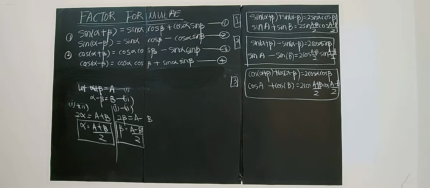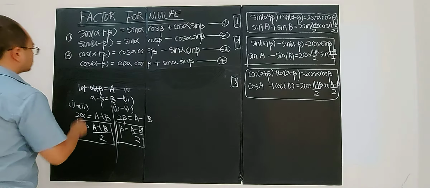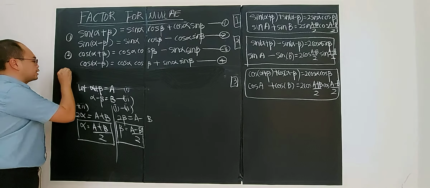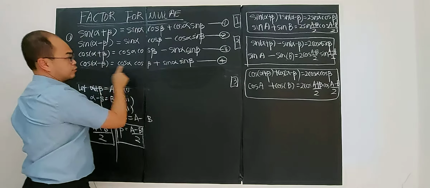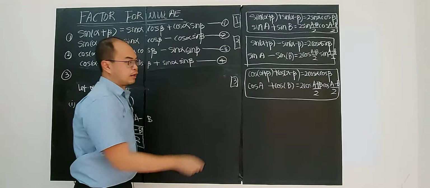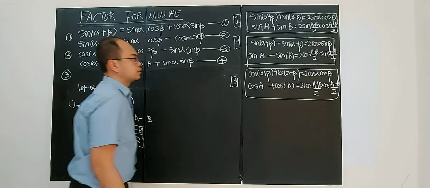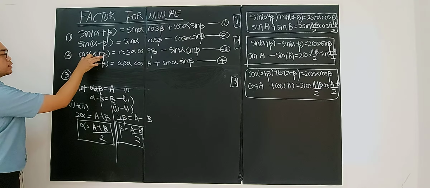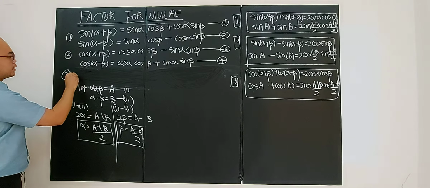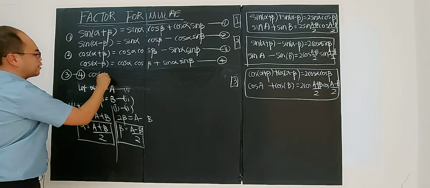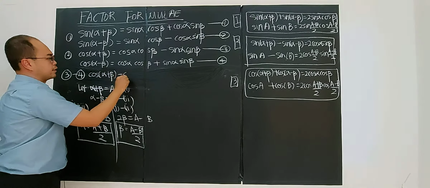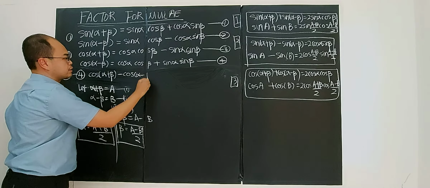Alright, let's go for the derivation of the fourth formula. It's the same thing. Just now I took equations 3 plus 4, because I wanted the formula for cos A plus cos B. Now I want cos A minus cos B, so I need to take equation 3 minus equation 4, which will be cos(alpha plus beta) minus cos(alpha minus beta).